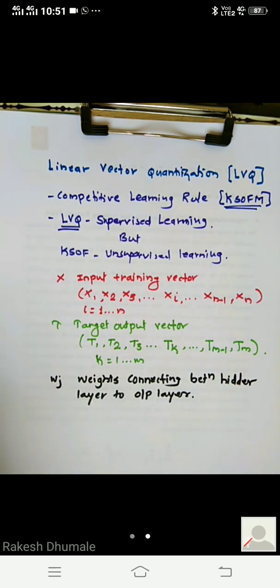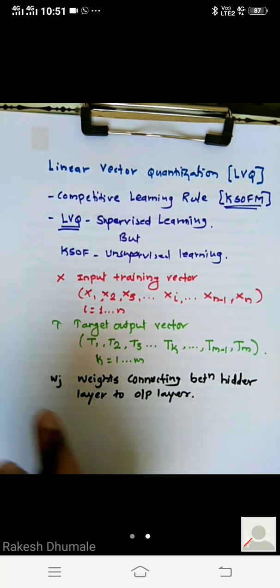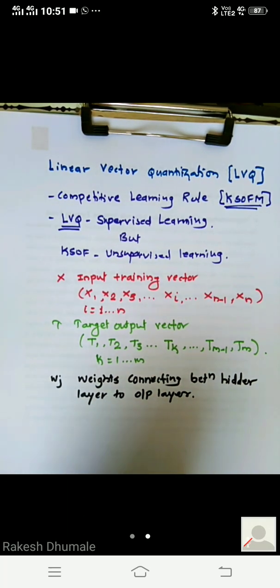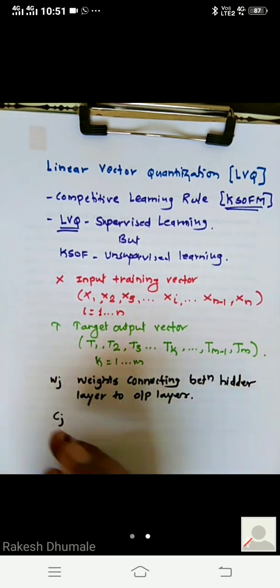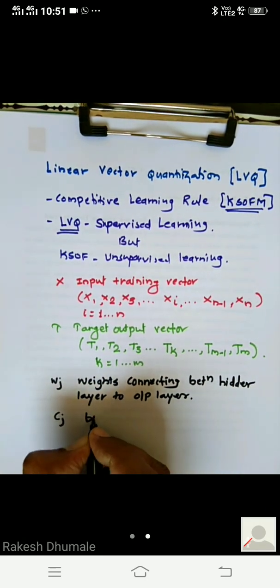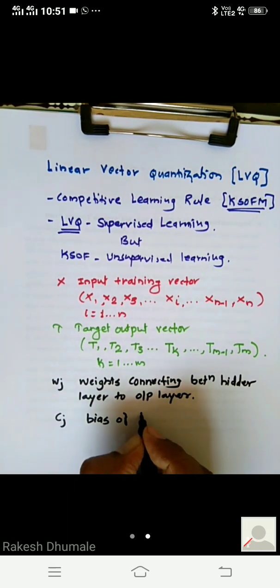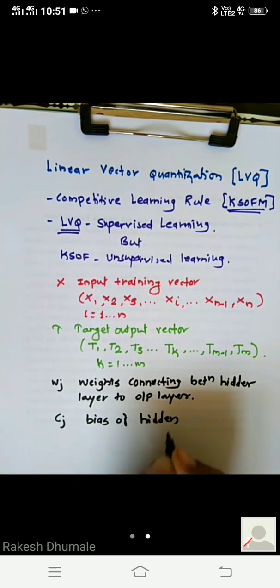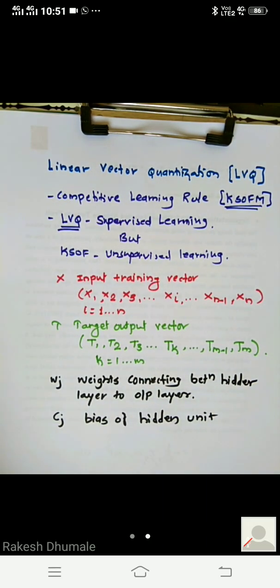Then, related to these weights, these are the weights between input and hidden layer, or between hidden layer and output. But there is one more parameter called Cj, where Cj is the bias of the hidden unit. So these are the four important terms.